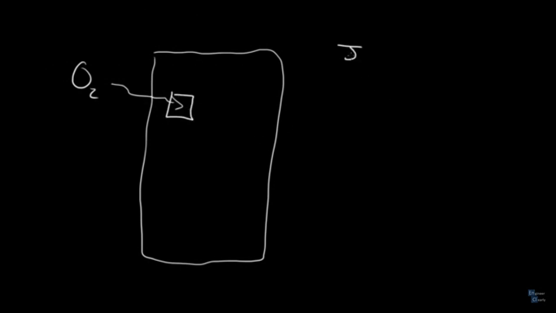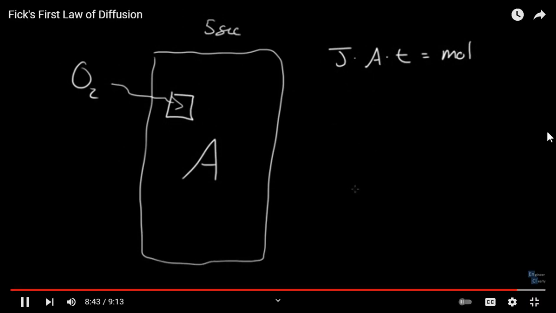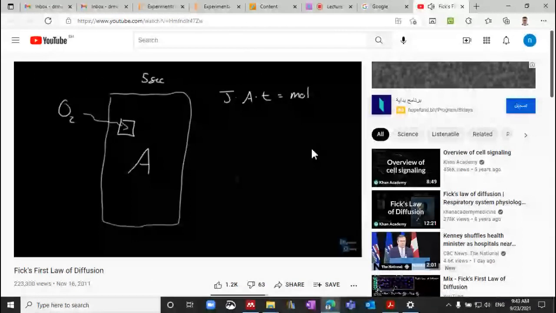So flux again is just the number of things per area per time. So to get the total number of things going through it in, let's say, 5 seconds, you would multiply it by the total area of the bag, A: flux times A times the time is equal to the number of things going into that bag. So it's just the moles of something going into that bag. So that is Fick's first law of diffusion.